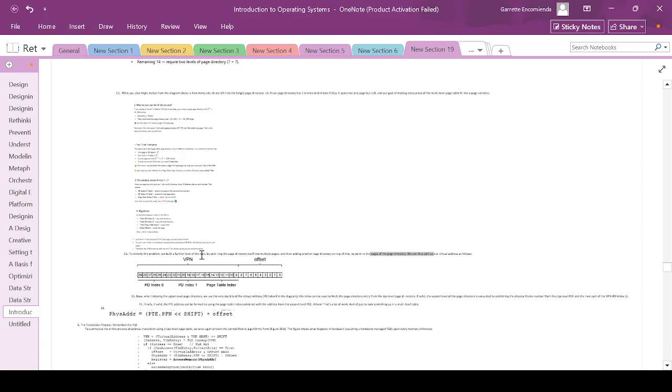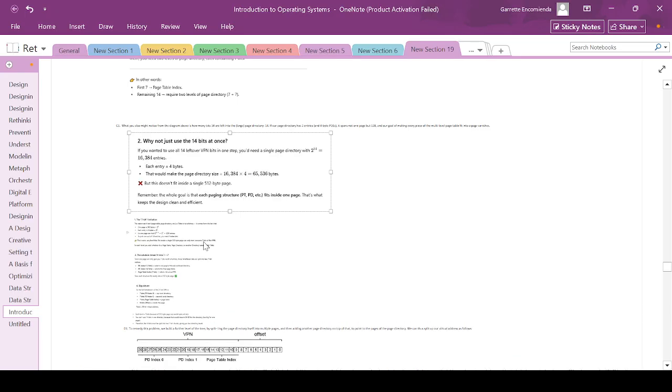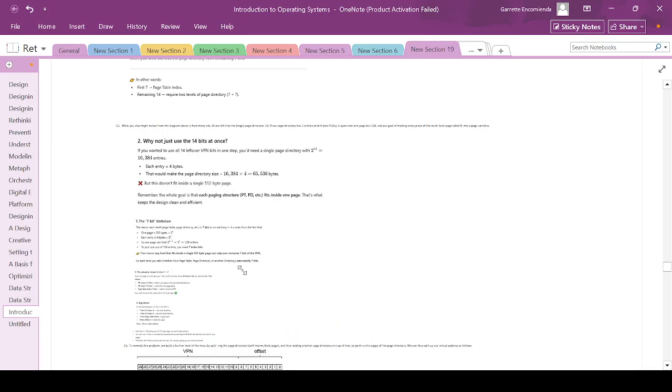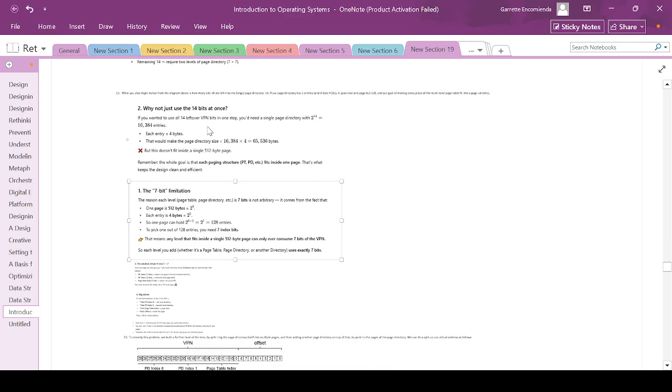Let's explain this further. Why not just use 14 bits at once? If you wanted to use all 14 leftover bits in one step, you would need a single page directory with 2 raised to 14, or 16,384 entries. Each entry is 4 bytes, because each PDE is 4 bytes.